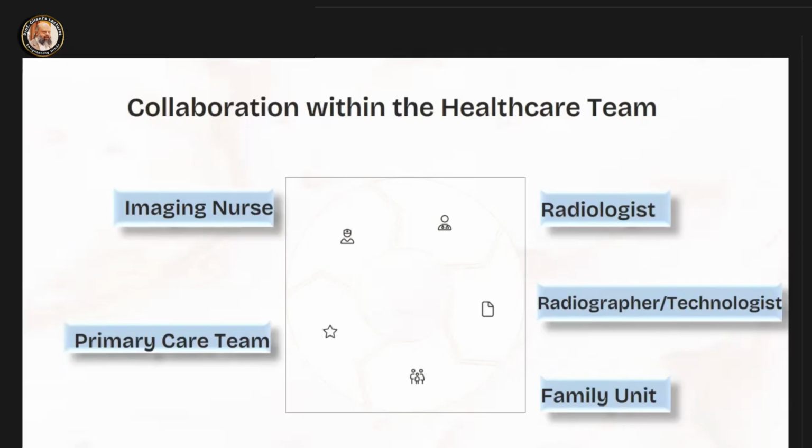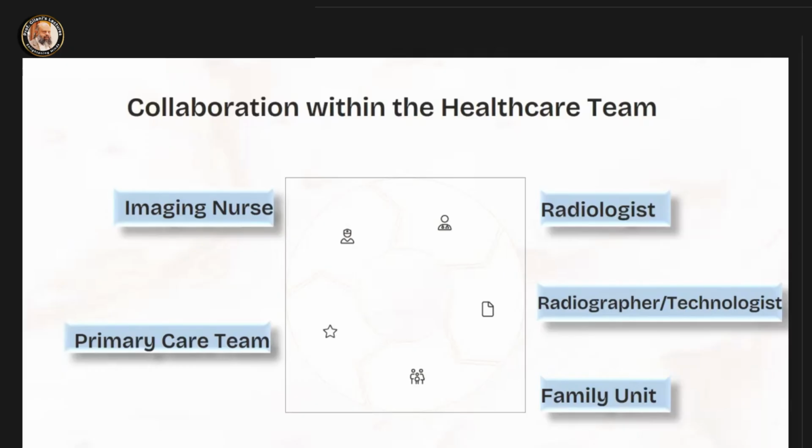Nurses prepare patients and families for what to expect during the technical aspect of procedures. The primary care team, referring clinicians, integrate imaging findings into the broader care plan. Nurses ensure communication flows seamlessly.